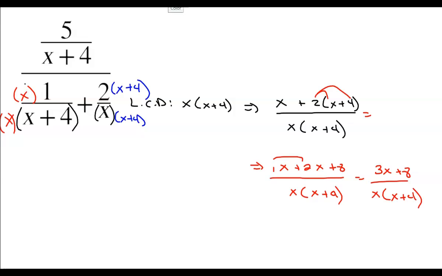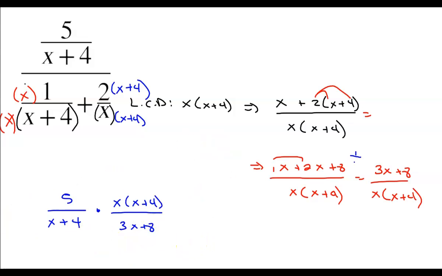Now my numerator is completely simplified, 5 over x plus 4. My denominator, which has this addition here, that's all completely simplified into one fraction. So I'm going to keep change flip. So I got 5 over x plus 4 divided by all this, or times, keep change flip, x times x plus 4 over 3x plus 8.